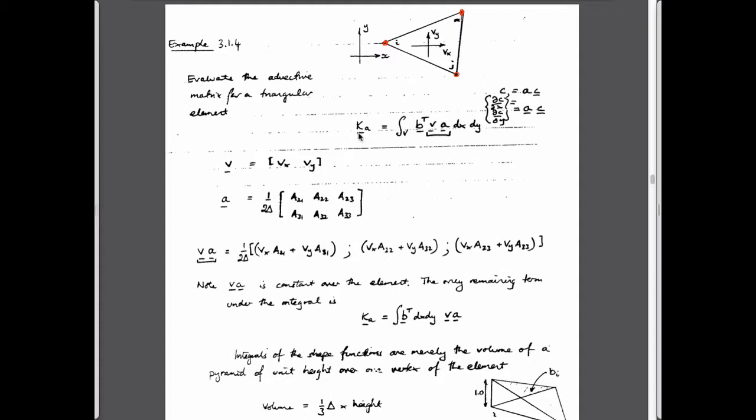We know that this advective matrix is the product of shape functions, velocity within the element, and the derivatives of these shape functions. But when we developed this element before, we never actually accommodated shape functions. You remember that what we did was we said, let's put a surface on top of this element.